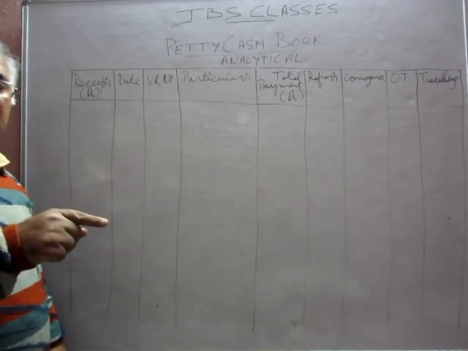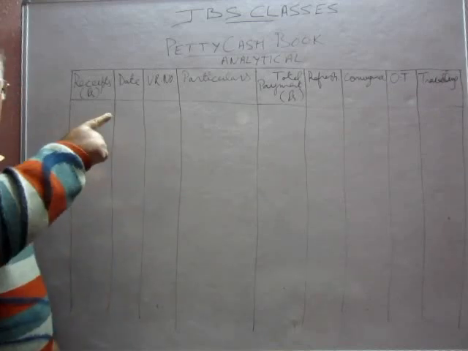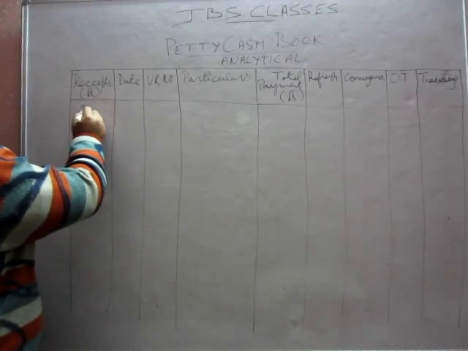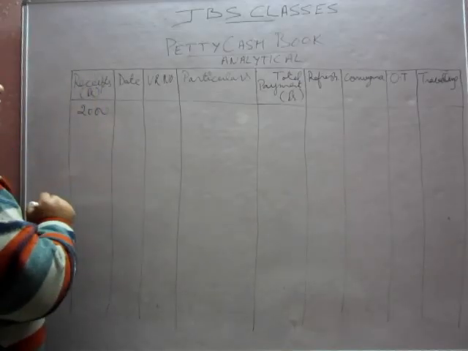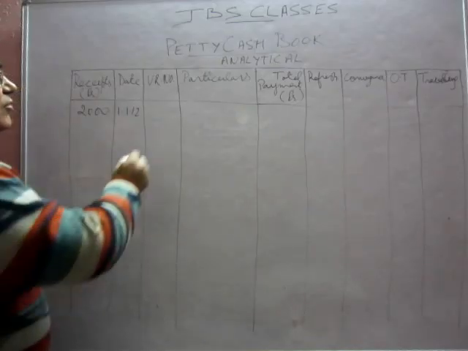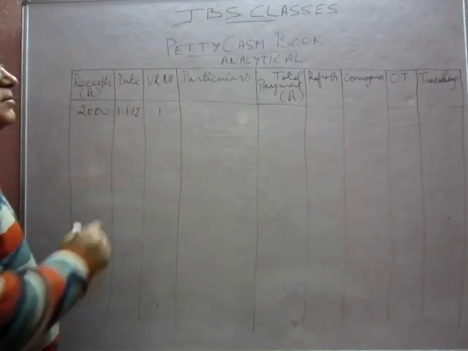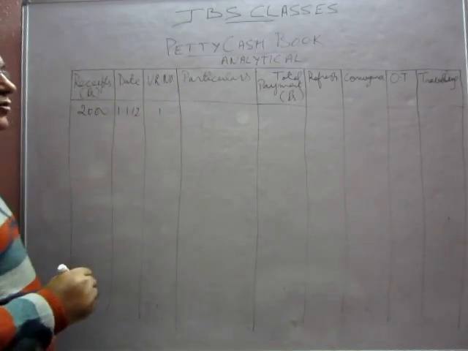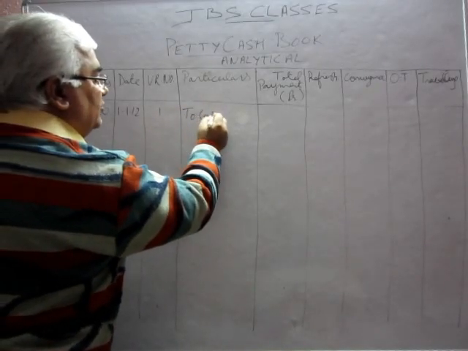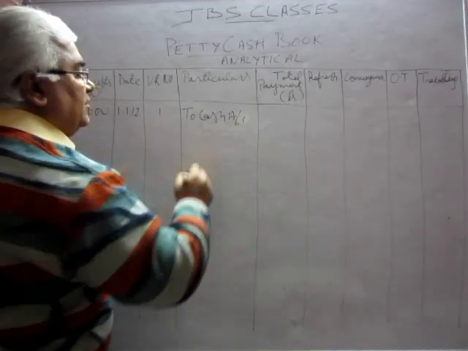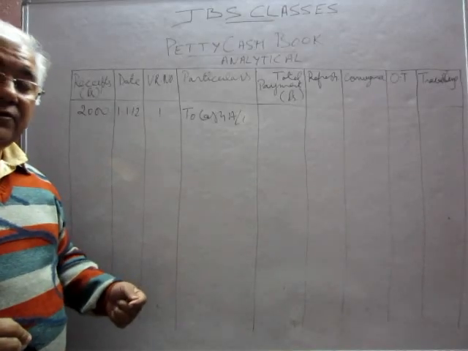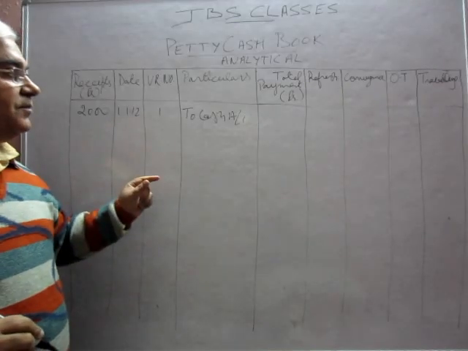Petty cash account debit to cash. So in the petty cash book, 2000 will be put in the receipt column. Date is 1/1/12, voucher number is 1. Under the particulars, you will write to cash account because you have received from the main cashier. Entry was petty cash to cash.